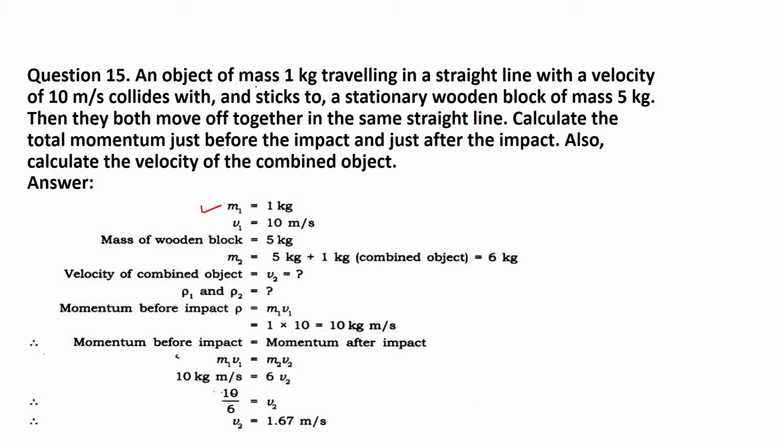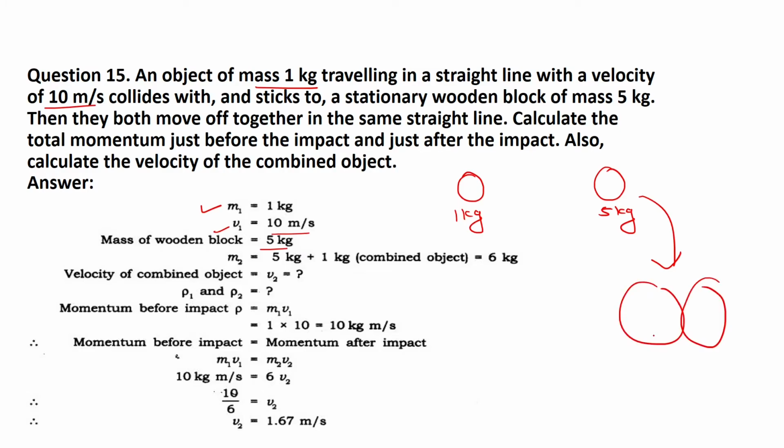So just try to understand this situation. The mass is 1 kg for the first object, and the second object has a mass of 5 kg. So the stationary wooden block will have a mass of 5 kg. They stick together. So how much will the mass be? 5 plus 1 kg, that is 6 kg.